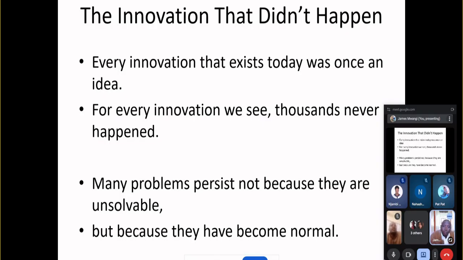So, for example, you say maybe the transport system in Kenya does not work. Then you go to London and you look at how they do their transportation, and then you adopt that system to Kenya. But you have not understood Kenyan ways of thinking, the people, the culture, everything.